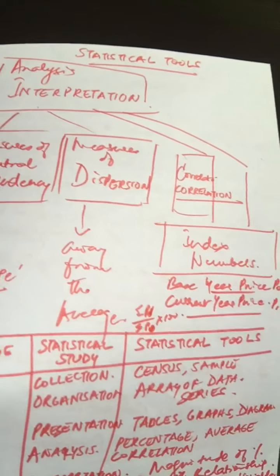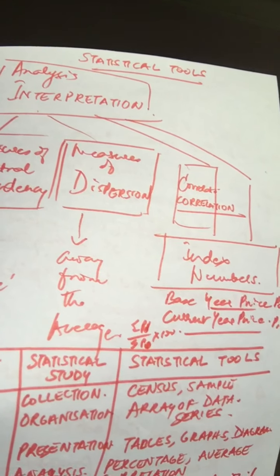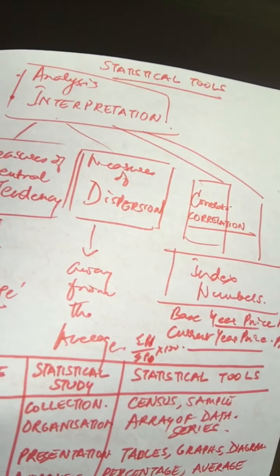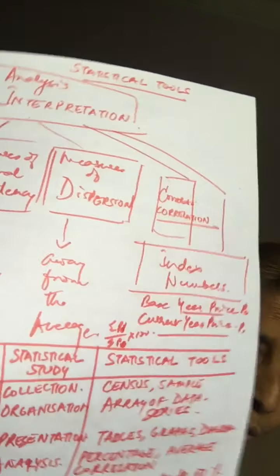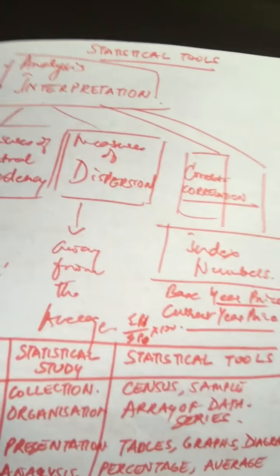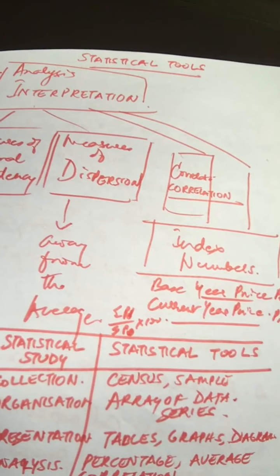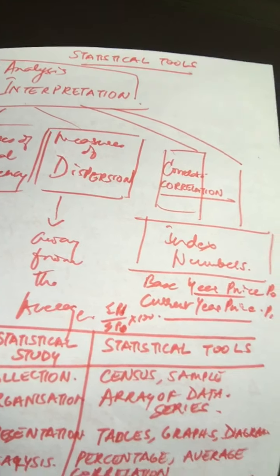And these are known as statistical tools anyways, and now we have interpretation and analysis of data. So what do we have here? We have measures of central tendency, where we work out the averages.